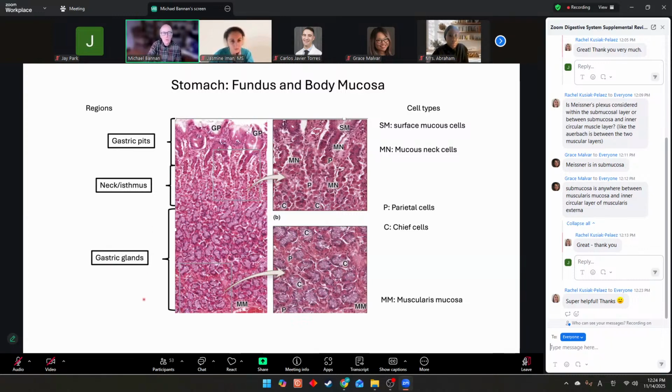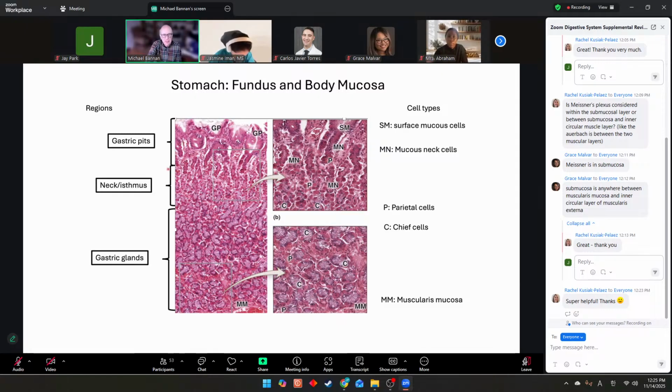So I think there's often some confusion about this because, well, I'll show you why in a second. This is a very thick mucosa, and there are basically three different zones. There are the surface and gastric pits. So the surface is the very top. Gastric pit is when the epithelium dips down into the lamina propria. So that's the very most superficial part of the mucosa.